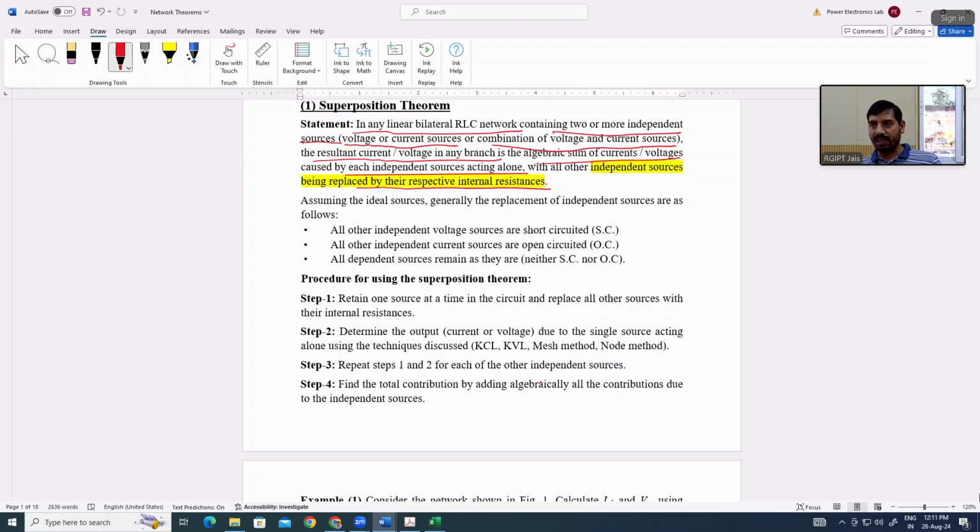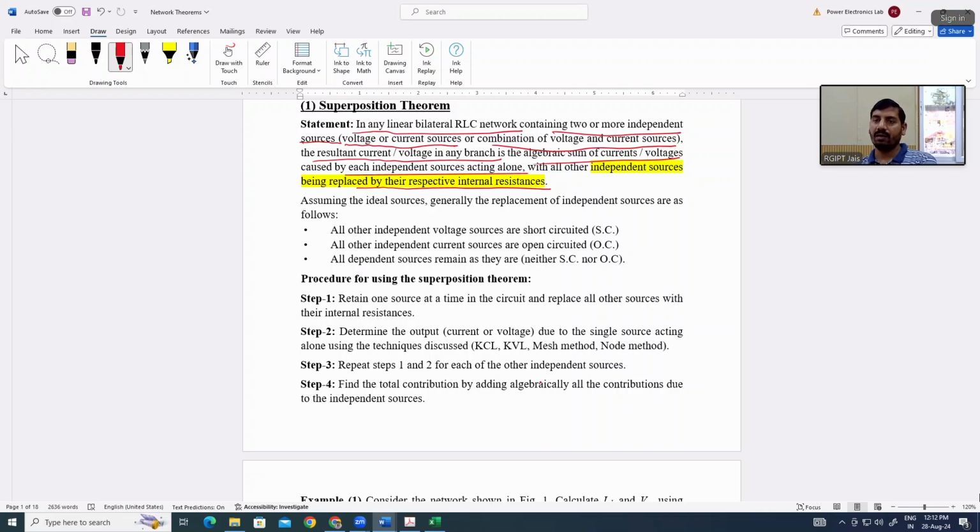Okay, means at a time we have to take one source and we have to eliminate, or disable, the other sources. How can we disable them? We can replace those sources by their internal resistances. If they are ideal sources, you know that for an ideal voltage source the internal resistance is 0, right?